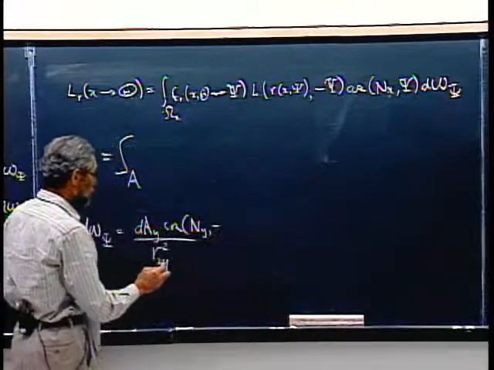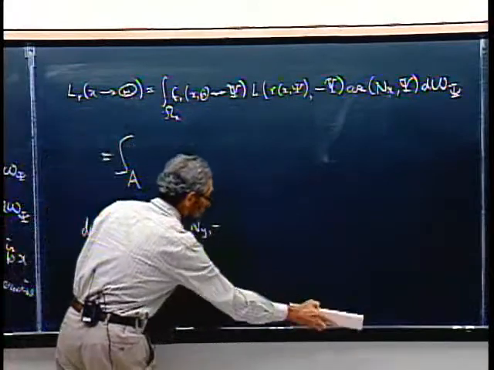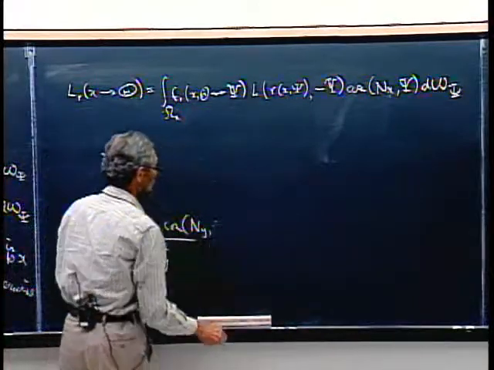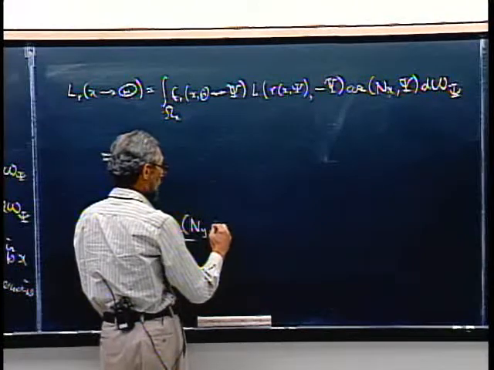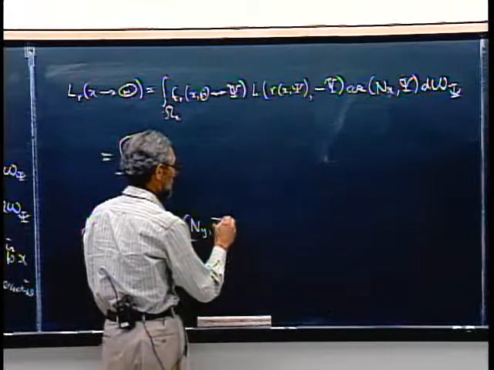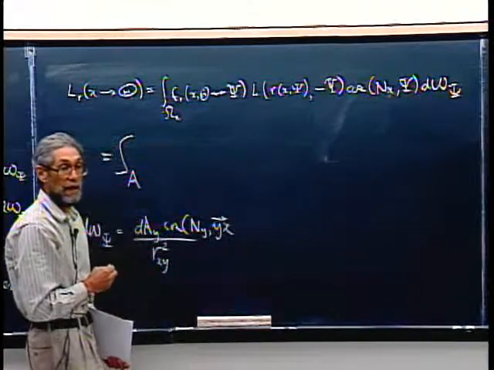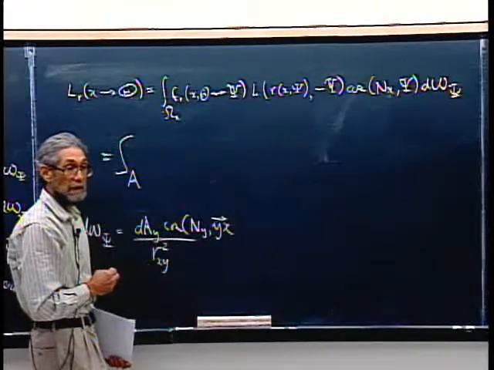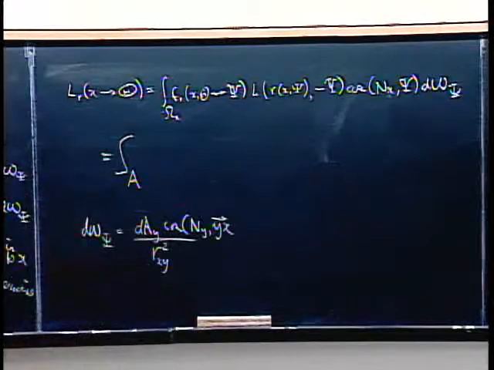Let's take the direction from y to x. So the notation in the book for that angle minus psi in question is the vector from y to x. Think of it as a unit vector in that direction. That's the angle we're concerned with.